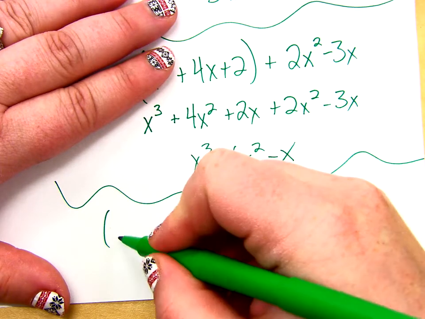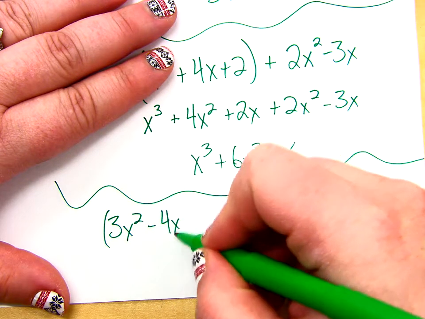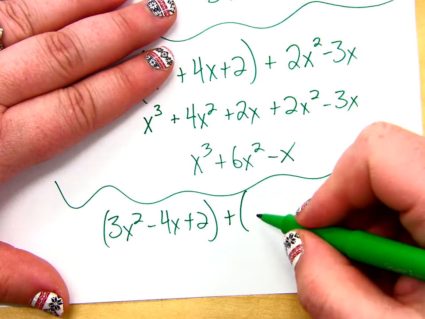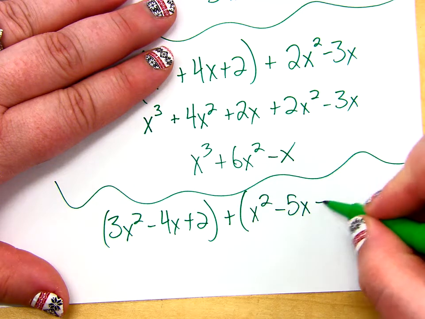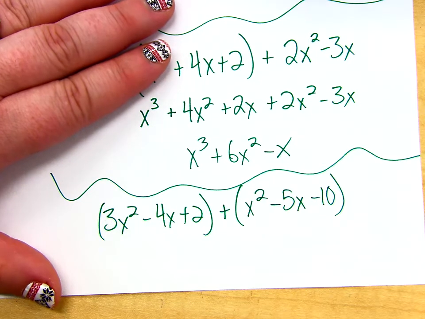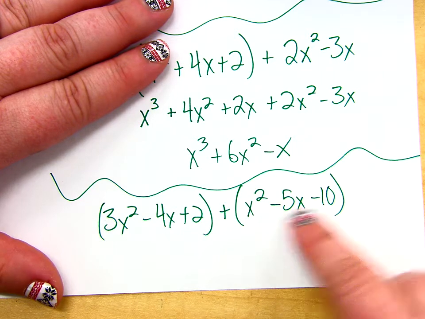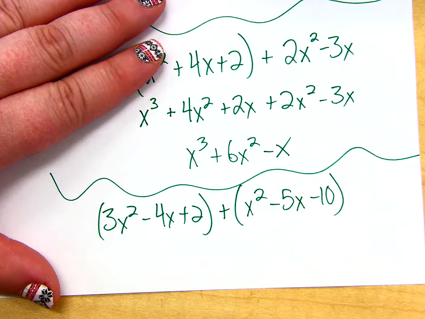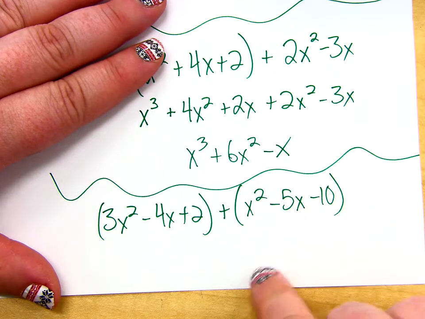So on your homework, you're going to see something like this, where they have this in parentheses plus this in parentheses. Guess what? When you're adding, what do you think I have to do with these parentheses?